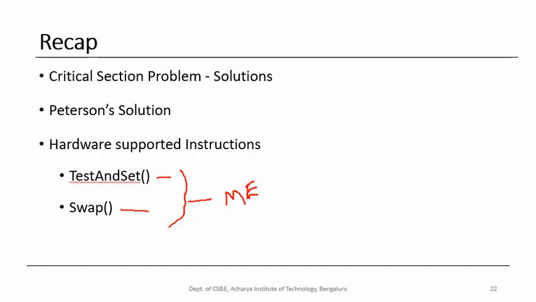So in today's class, let us discuss one more solution to the critical section problem that makes use of the test and set instruction and meets all the requirements. It achieves mutual exclusion, progress, and bounded waiting.